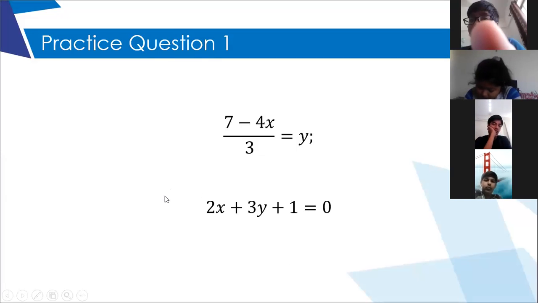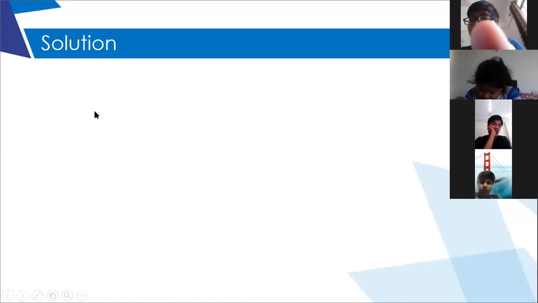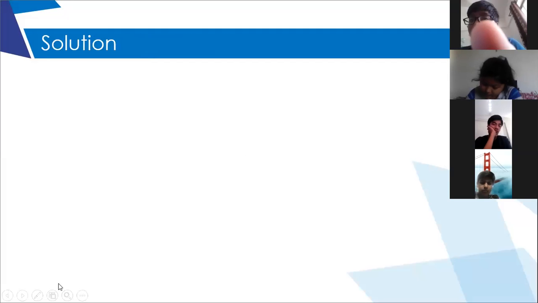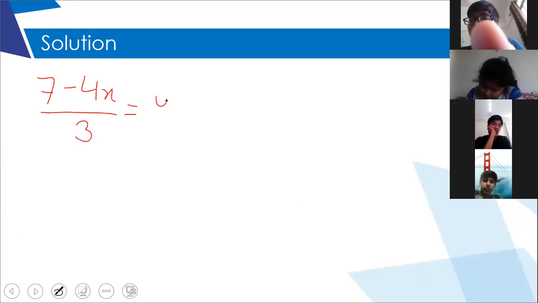So do I need to do it? I think it is very easy. You will have to just simplify it. Your first equation was 7 minus 4x upon 3 is equal to y. You need to simply cross multiply.